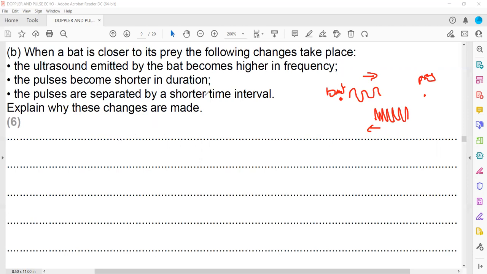And the pulses are separated by shorter time interval, that's also the same thing. Explain why these changes are made, like why this happened. Number one, if the pulse which is sent and the pulse received has higher frequency, it means the bat and the prey are moving towards each other, or the bat is moving towards the prey.